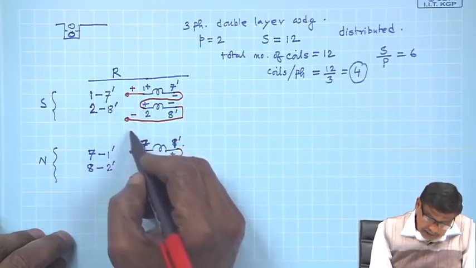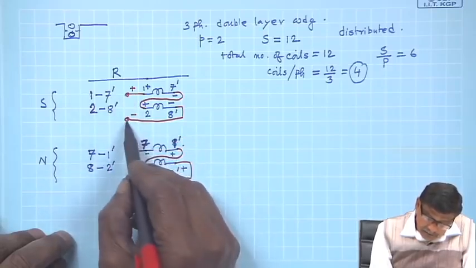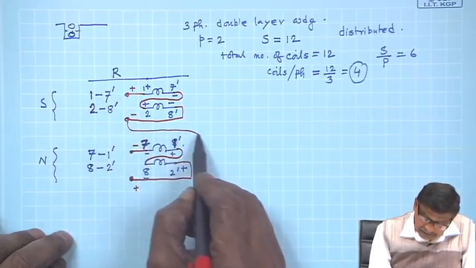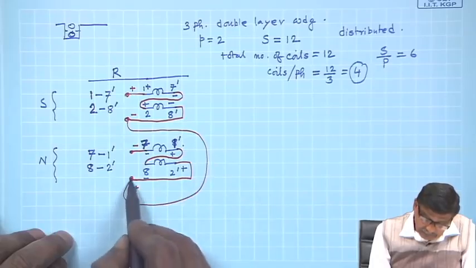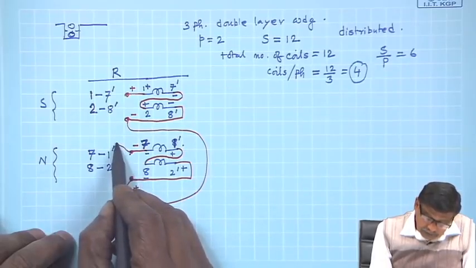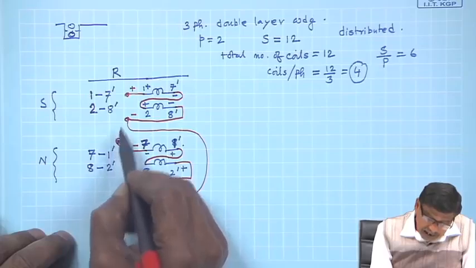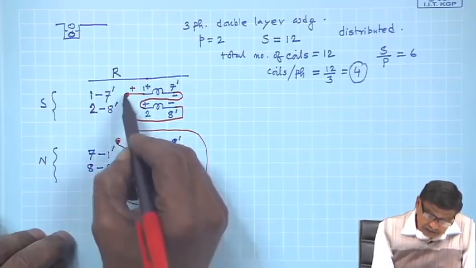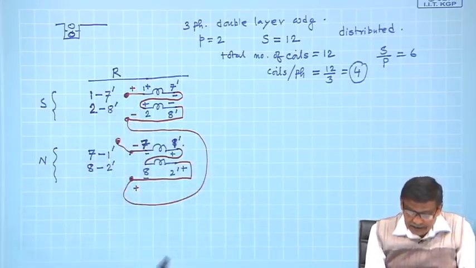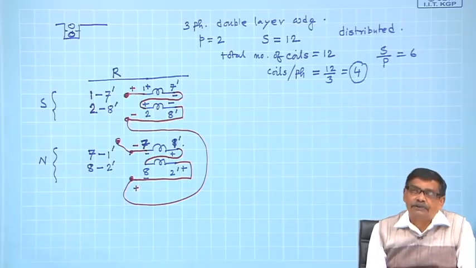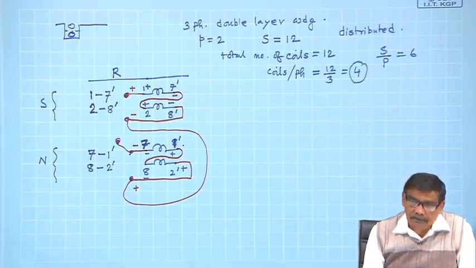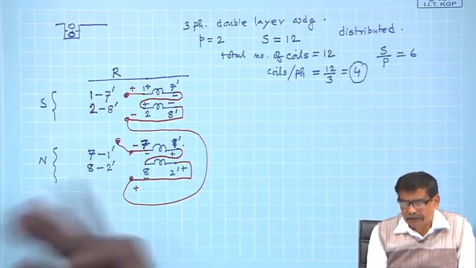So, plus minus, and now it should be connected like this, so that all voltages become additive. So, these will be the 2 terminals of R phase available for external connection, supply, etc.